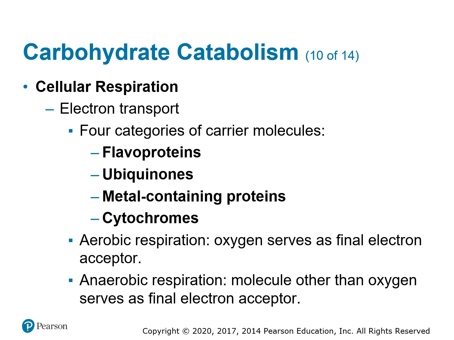So, some categories of interesting carrier molecules in the electron transport chain. You have your flavoproteins. These are going to be your initial acceptors of things like NADH, and they're able to take the molecules and strip them of their functional parts, specifically the hydrogens and the electrons. You then have your ubiquinones, aka coenzymes Q, that are shuttling these electrons from one part of the electron transport chain to the next. Specifically, we're talking about the cytochrome complexes that they're moving in between.